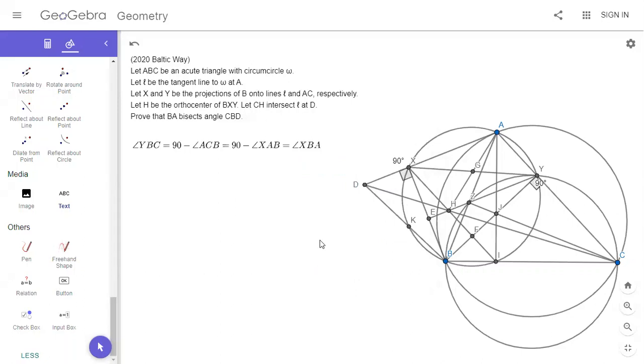And so, yeah, let me delete some of the other stuff. I've added a couple points. Maybe I'll delete them later. Once we know that, that means triangle YBC is similar to triangle XBA.